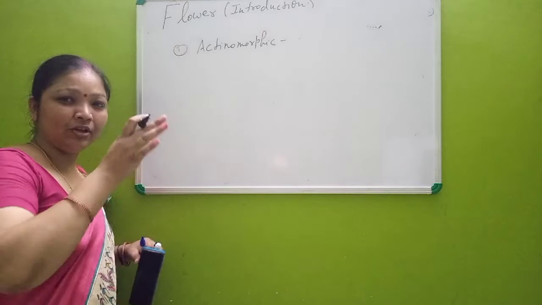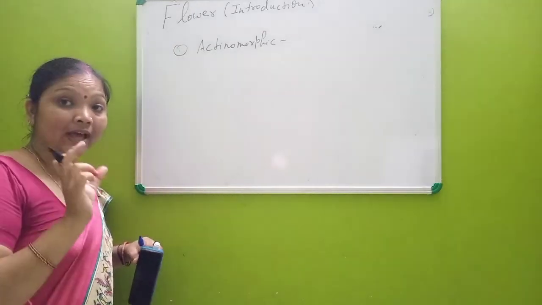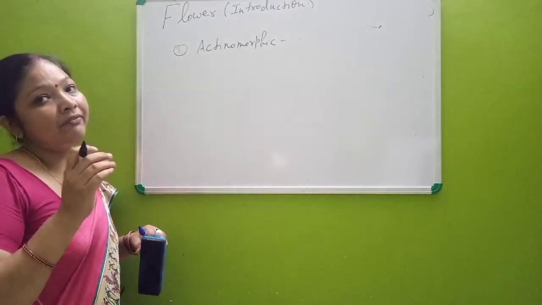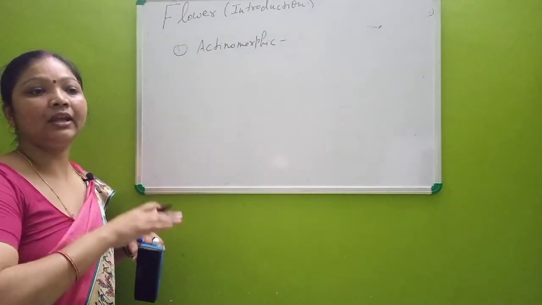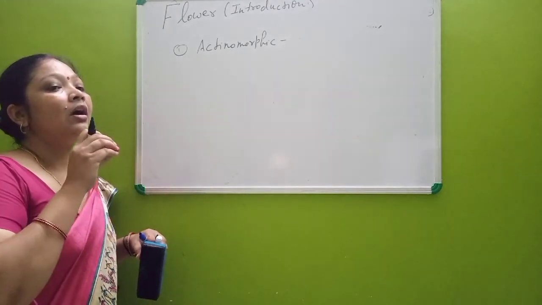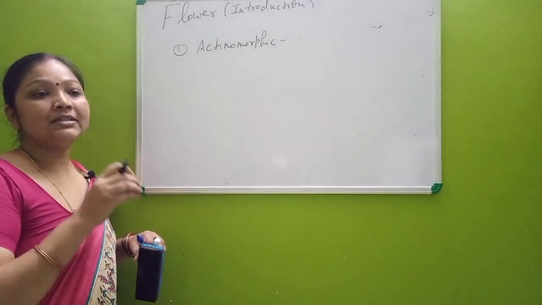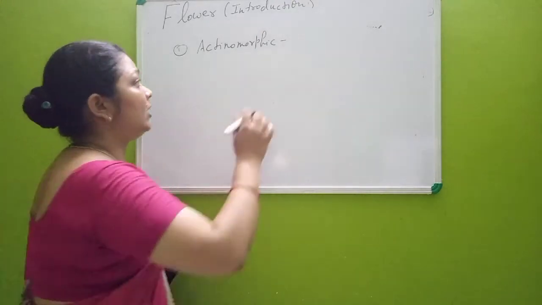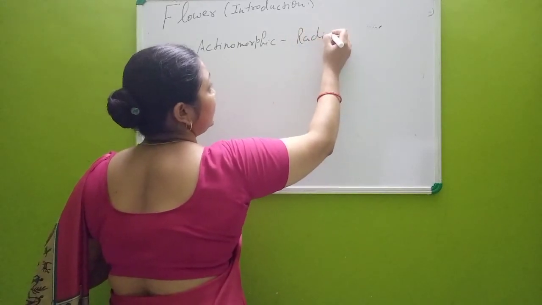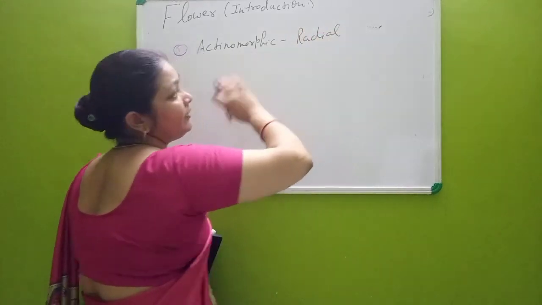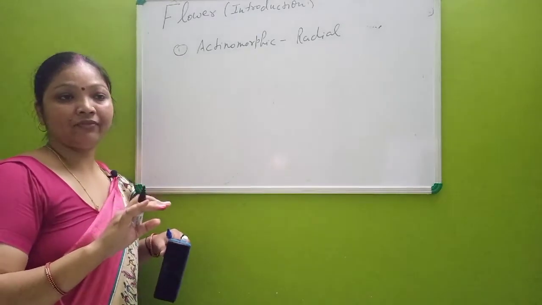Actinomorphic is the technical term for the flower, but if we compare it with the symmetry of animals, then we also call it radial symmetry.